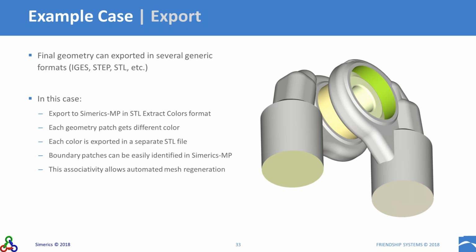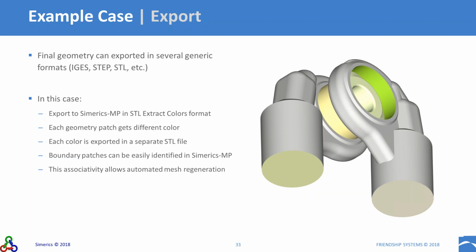In this case, we exported to Simerics-MP in the so-called STL extract colors format, which means that each geometry patch that we want to be able to distinguish gets a different color. You can see in the picture on the right that the inlet and the outlet and other parts of the geometry have slightly different colors.